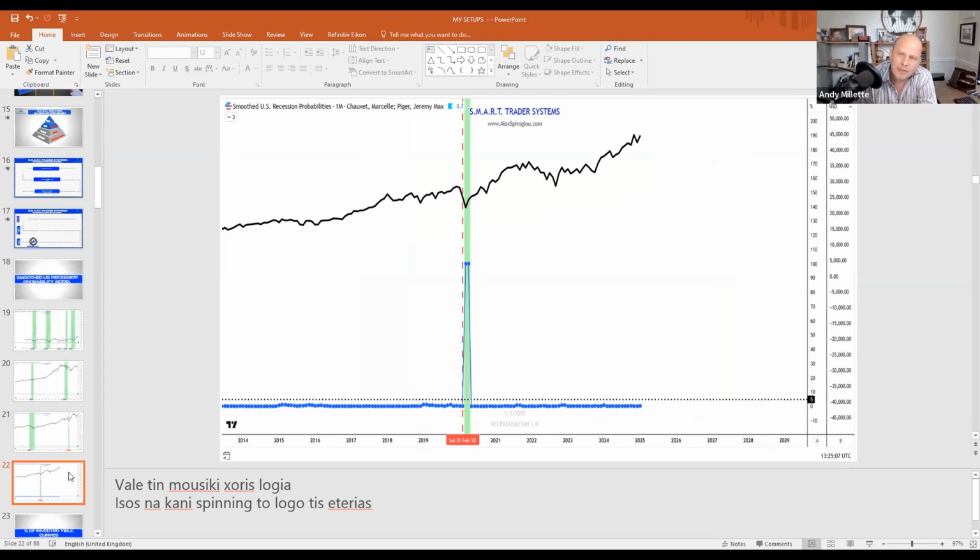But the indicators are not showing a recession, which is, I think, contrary to what a lot of people are saying. Even from a sentiment point of view, the proverbial market climbs a wall of worry, and when everyone thinks we can't go into recession, this is when you will actually be going into one. Everyone's looking for one, and the market tries to do whatever it can to fool as many people as it can.